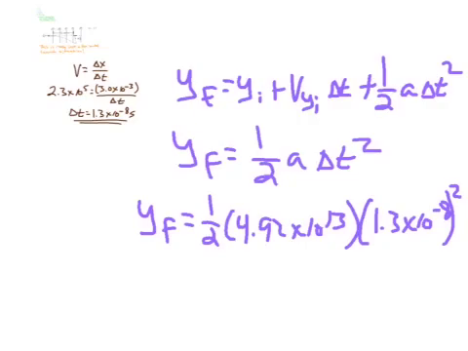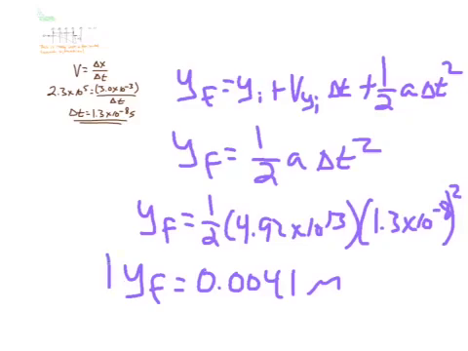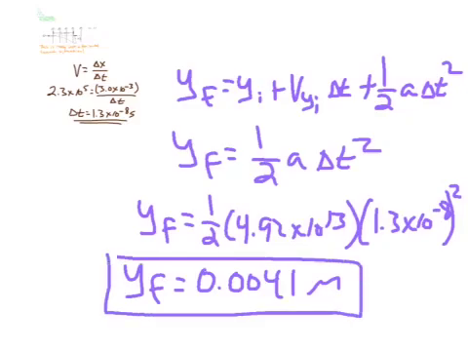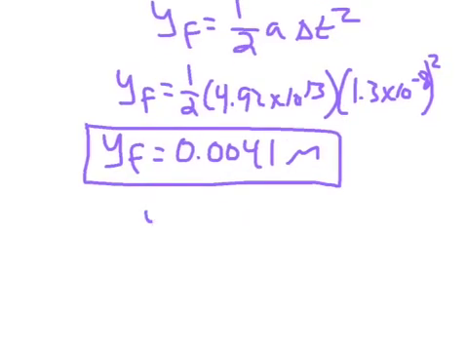So we just plug in our values. We get our acceleration from part C, and we get our time from the previous part. And we end up with a distance of 0.0041 meters, which we could also report as 4.1 millimeters.